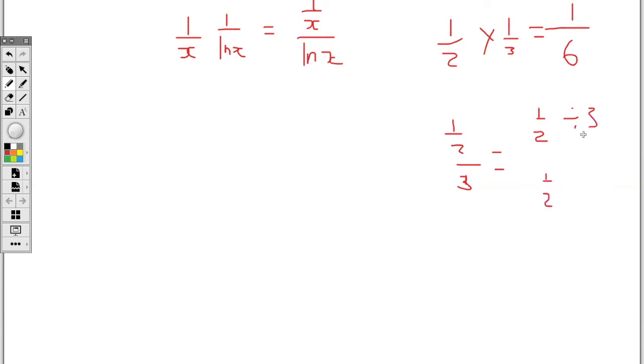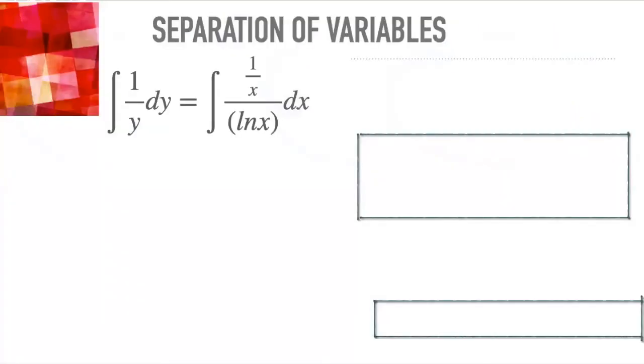So we change the division sign to a multiplication sign, then we find the reciprocal of 3, so we have a third, and then multiplying, which is the same concept, gives 1 over 6. So that means that 1 over x times 1 over ln x is the same as 1 over x over ln x. So since we established that it's the same, we can go ahead and integrate.